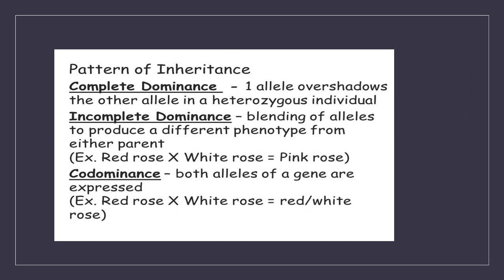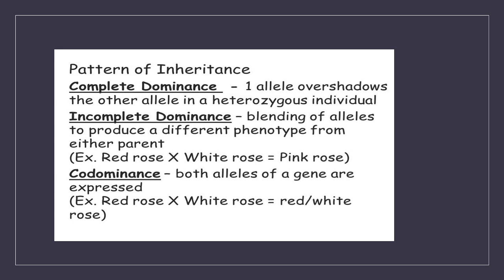Now, the patterns of inheritance: complete dominance, incomplete dominance, and codominance. Complete dominance is when one allele overshadows the other allele totally, like tall and dwarf. Incomplete dominance is where there is mixing. Suppose I say a red flower and a white flower, the blending will be there and we will get a pink flower, a pink rose.